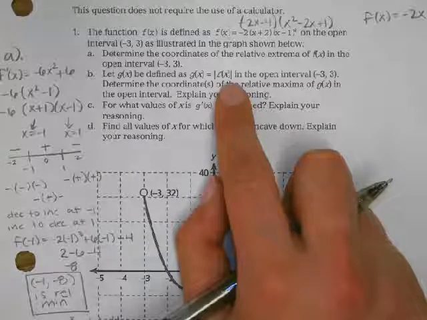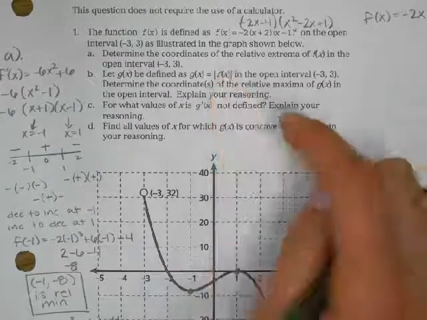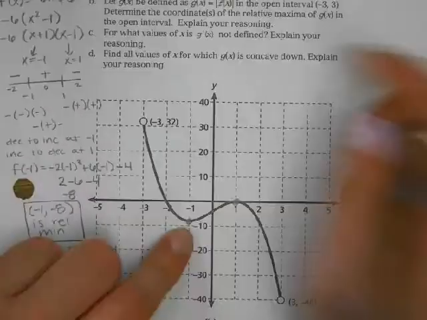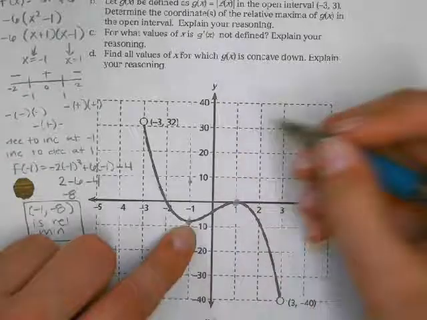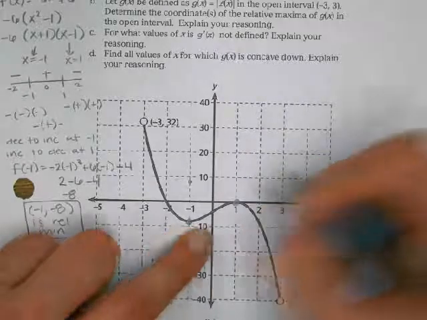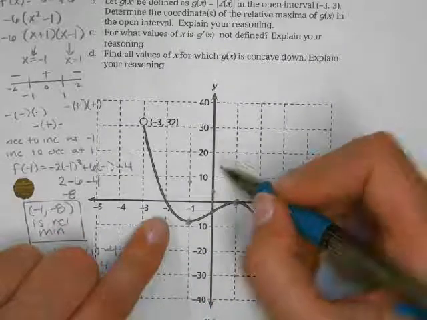But when you spit out your result, anything that was negative in the original function is now going to be positive. So that made me realize that this point that's down here is actually going to be up here. And this point is going to stay there. This point is going to be over here. And I kind of used it to just draw this graph.